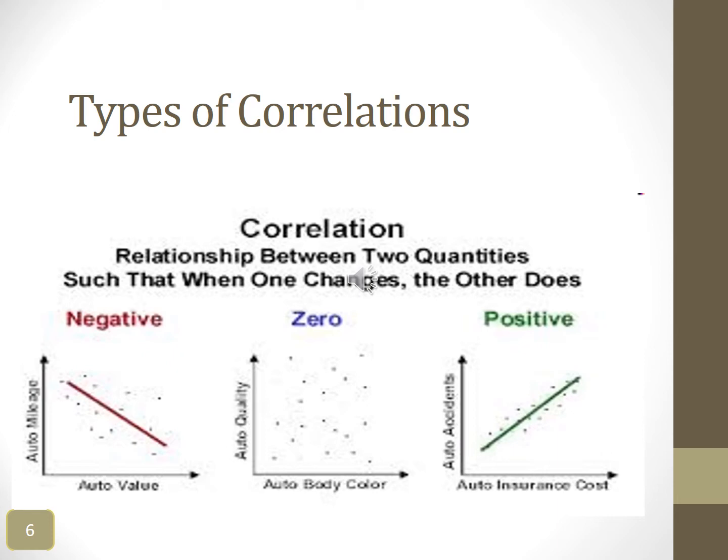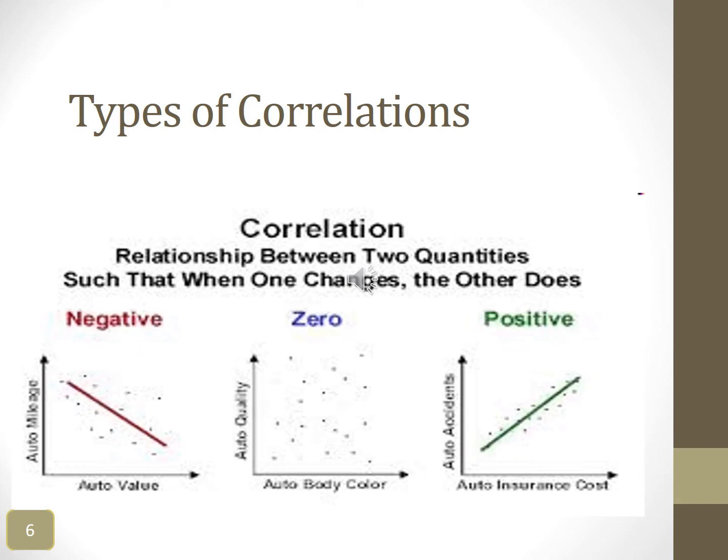So as the mileage of your vehicle increases, then the value decreases. So the more you drive your car, the less value you have, right? But as auto value, you can see at the bottom, as auto value is increasing, that's because you have less and less mileage.